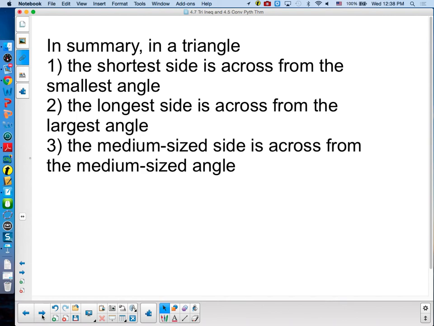First one, it's not right. Which angle's the smallest? I think your symbols are wrong. I meant smaller.